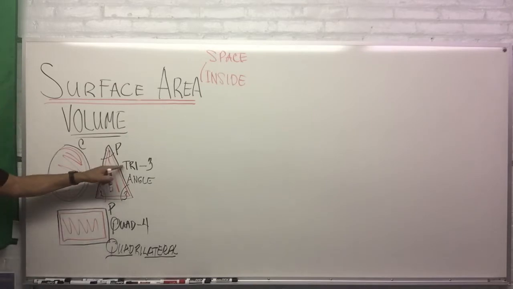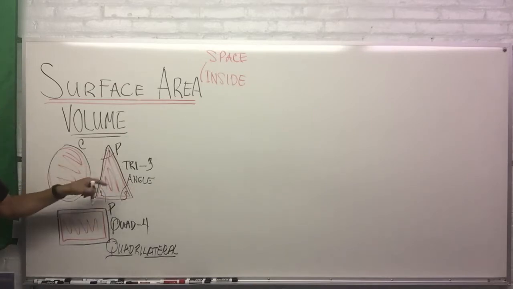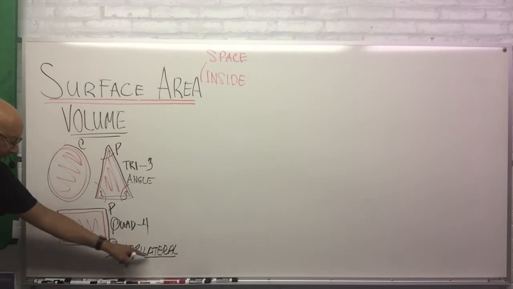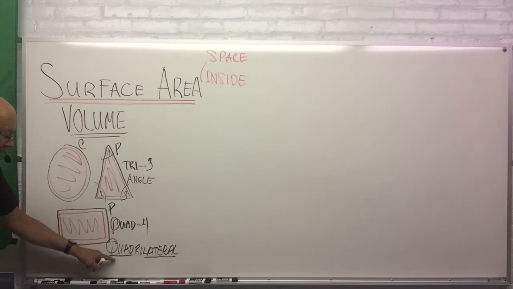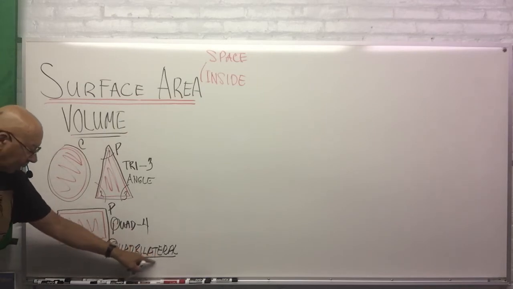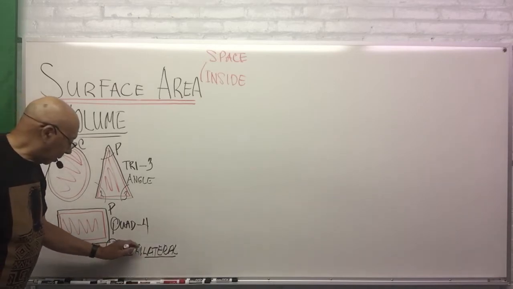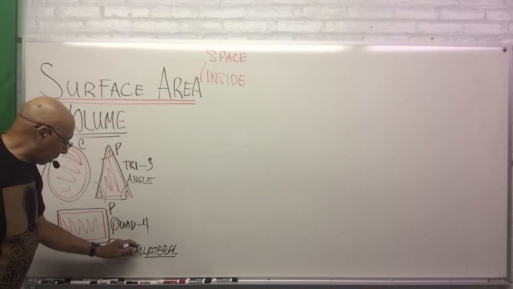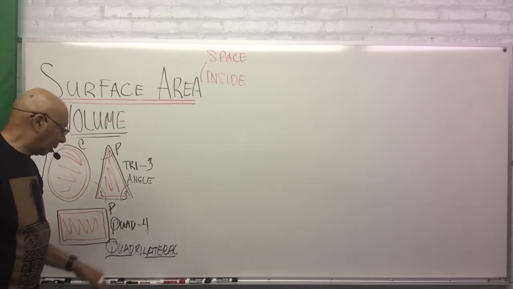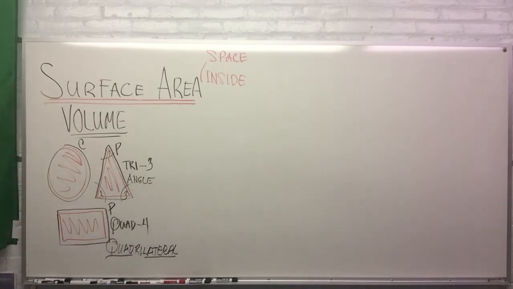So the word triangle tells you the shape. Quadrilateral is a 4-sided figure, lateral meaning sides. I may have spelled this wrong. It may be Q-U-A-D-R-A, but I think that's right. So you can fix it if it's wrong.